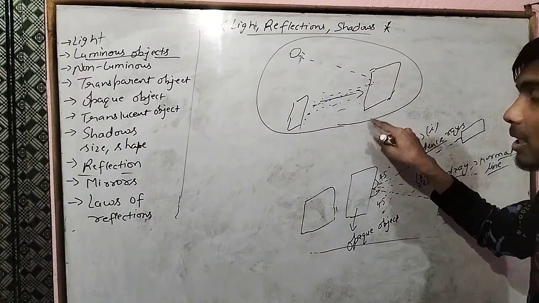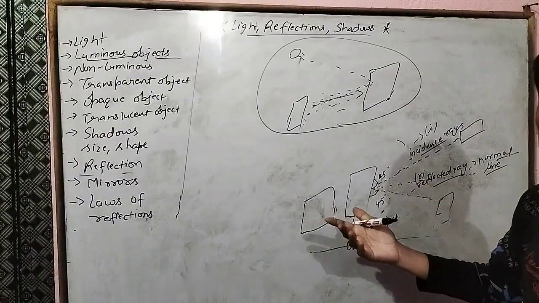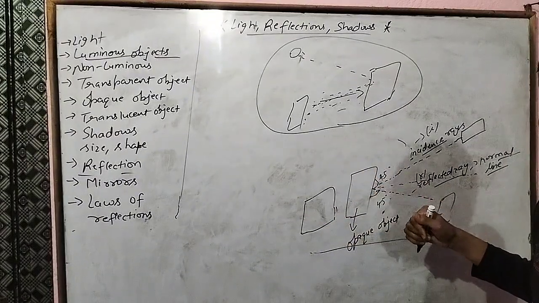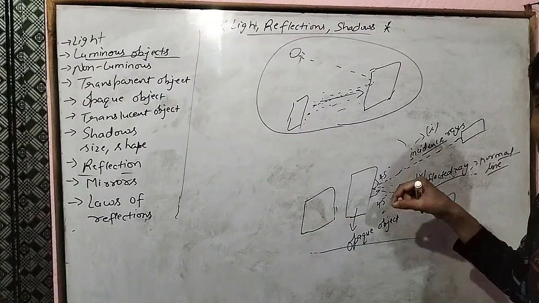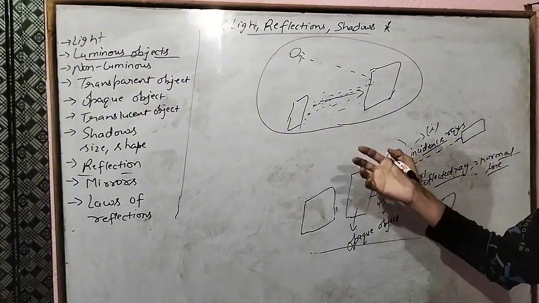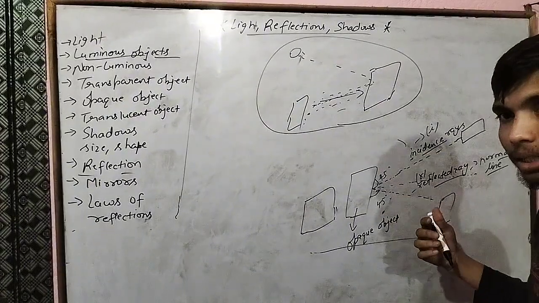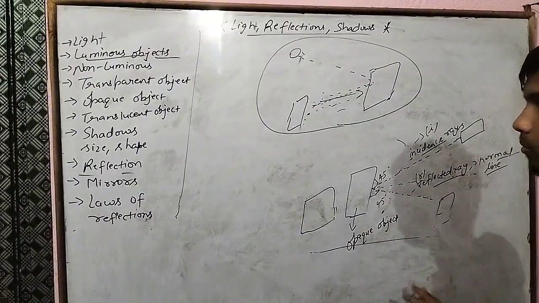So remember that a mirror is an opaque object because behind the mirror is an area painted with silver. It does not allow the light to pass.